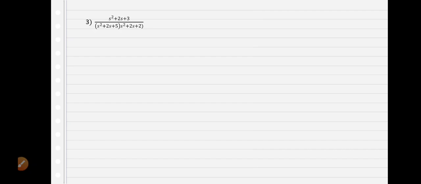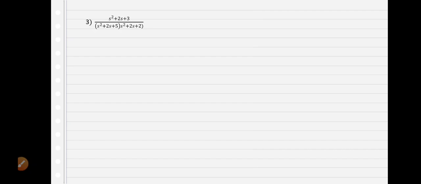s square plus 2s plus 3 upon s square plus 2s plus 5 into, it should be with an opening round bracket, s square plus 2s plus 2. Now see here, the terms have not only the quadratic term s square, but they also have the linear term.